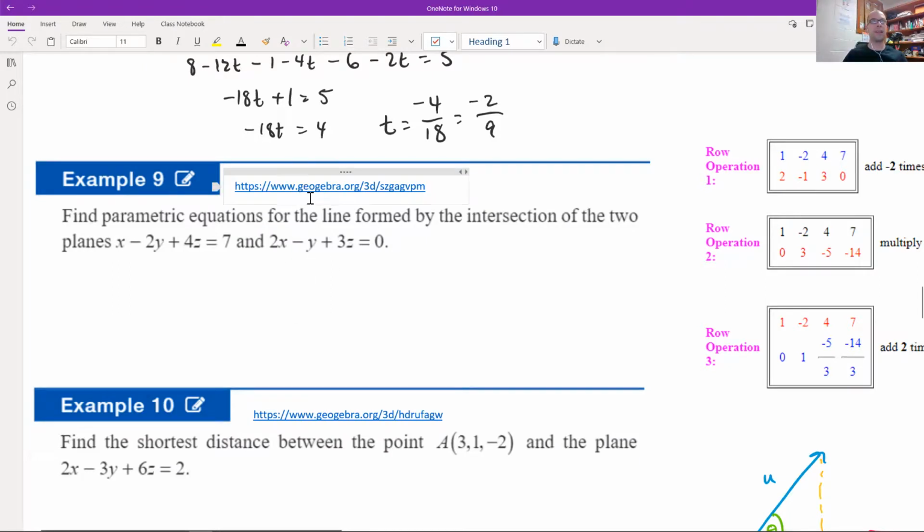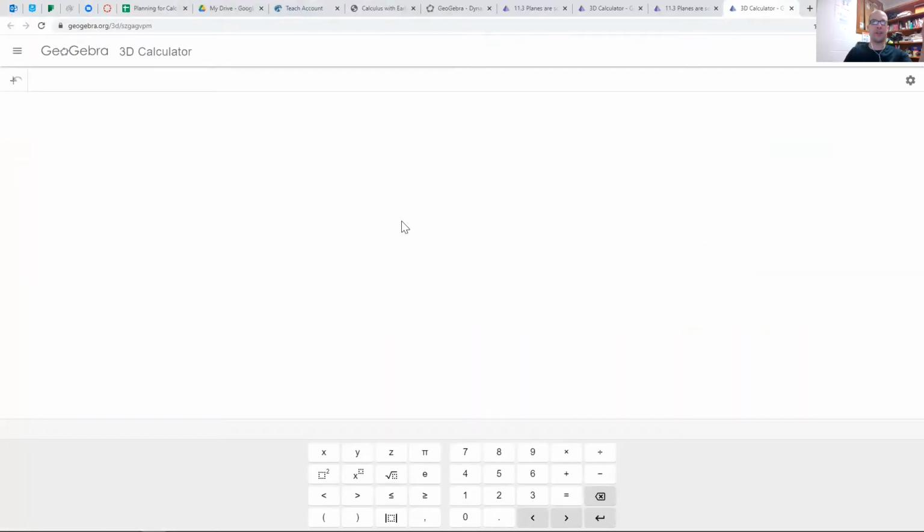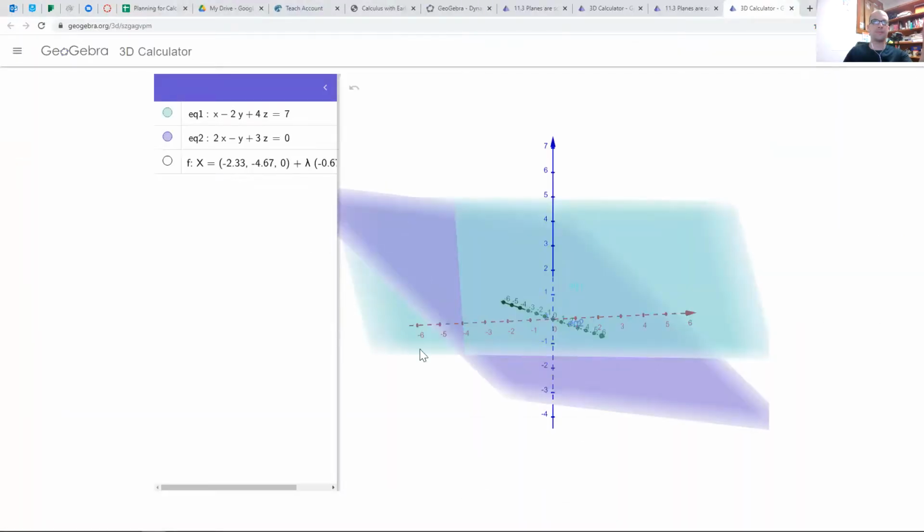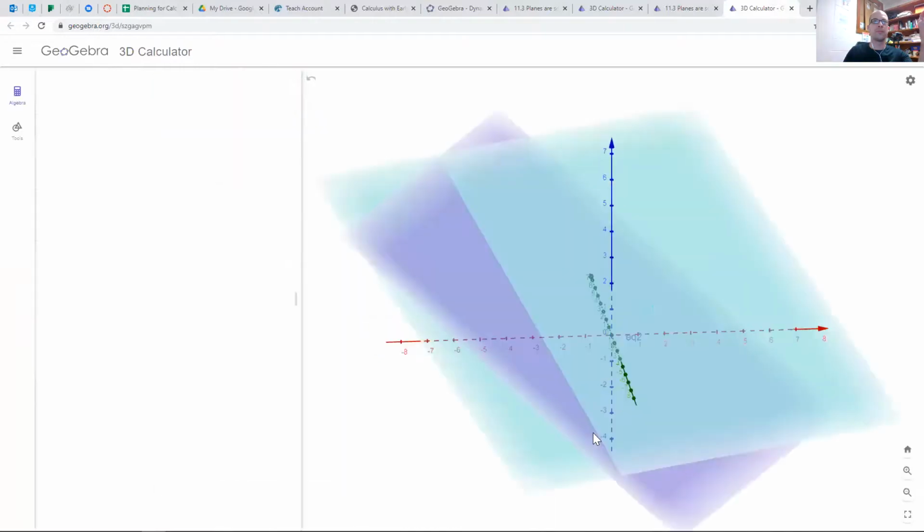And the idea will be if we use the two normal vectors to each of these planes, and then we find a third vector that's perpendicular to the normal vectors, the direction that is perpendicular to the normal vectors is actually going to be the direction vector for the line. Let's go ahead and look at that on GeoGebra.